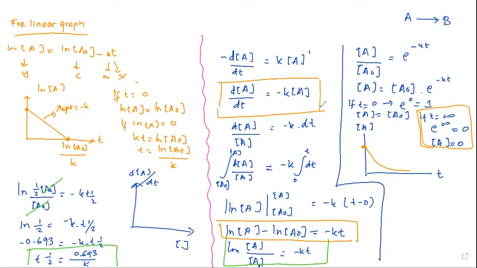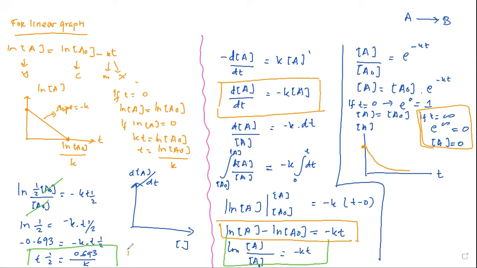So if you want to make the graph of rate versus concentration, the negative sign can be ignored, since we just assume that it is decreasing, but for the rate of reaction, we just calculate the value, not the sign. dA over dt equals kA.